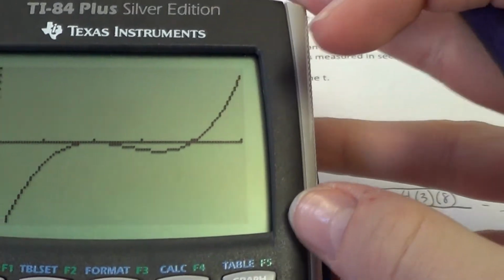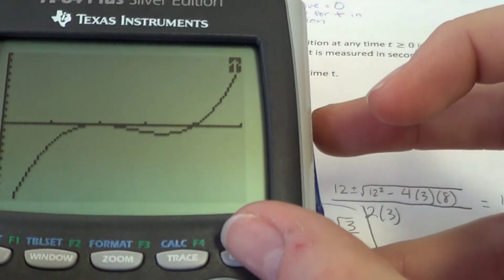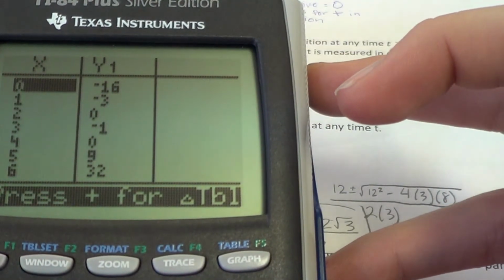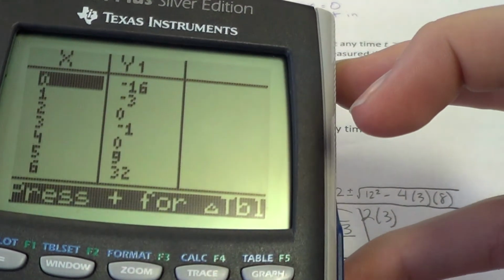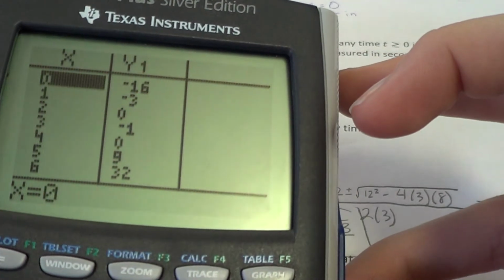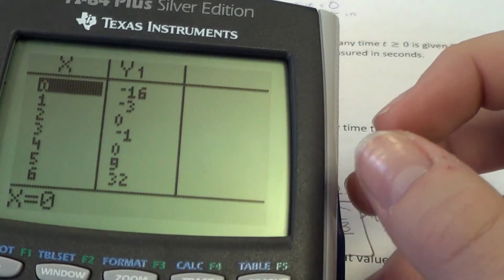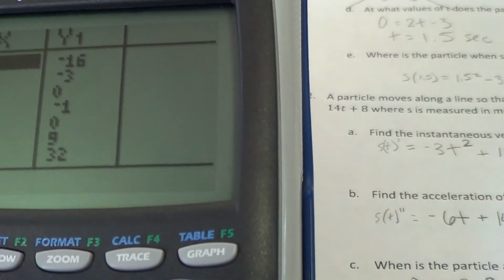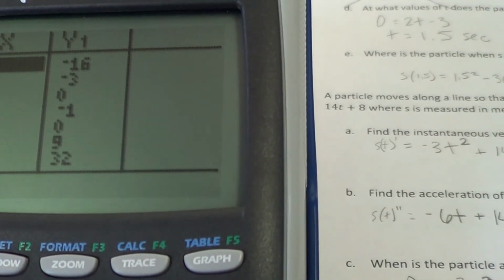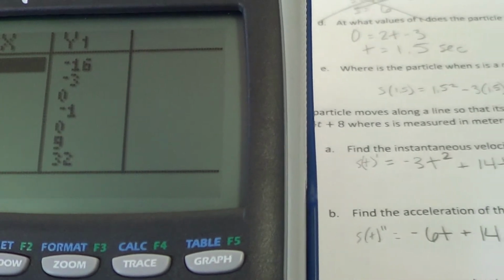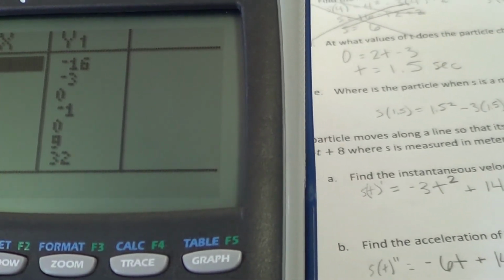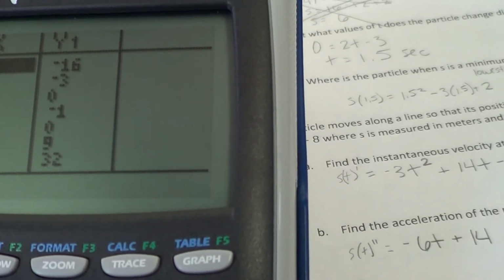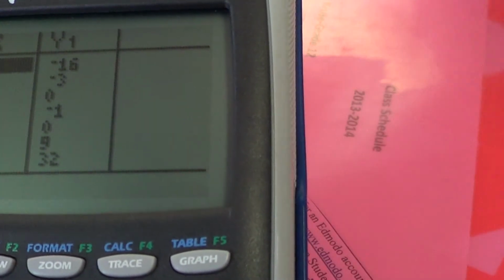If you're doing this, it's actually a maximum because it's the highest point of that area, not the lowest point. So that would be maximum 3, 2, 0. Was that 2 one of your points when you found out where it was at rest? Yeah. Okay, good. So 0 is where it's changing direction.